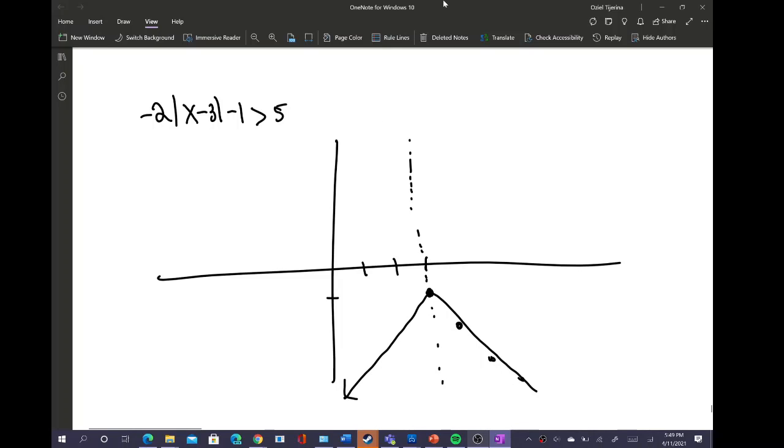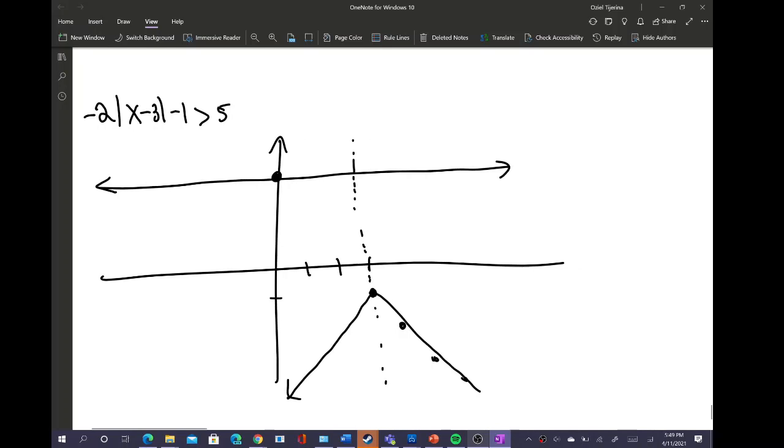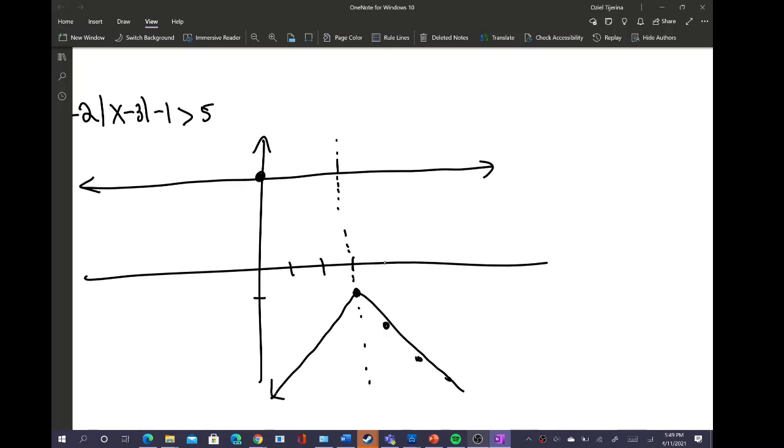Now, can this function be greater than 5? If you graph y equals 5, can this be greater than 5? If you think about it, let's say we have y equals 5.